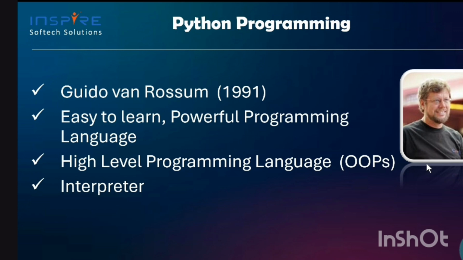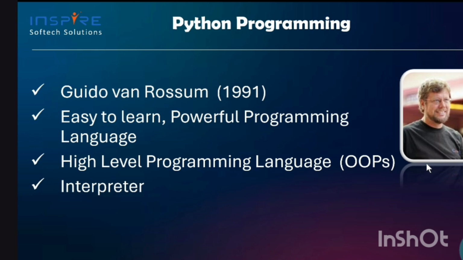It is, as I already said, easy to learn, and also a powerful programming language. It is also a high level programming language and supports OOPs, object oriented programming. Whenever we are running programs, we need an interpreter, where we can find the errors in our code and interpret it.